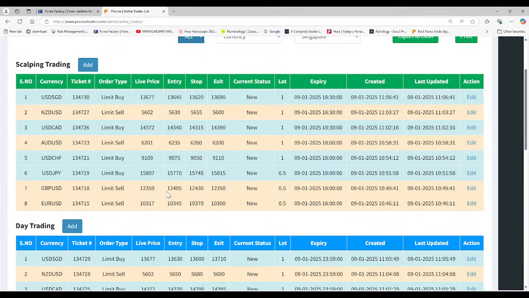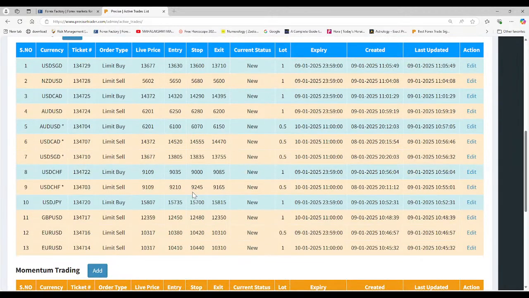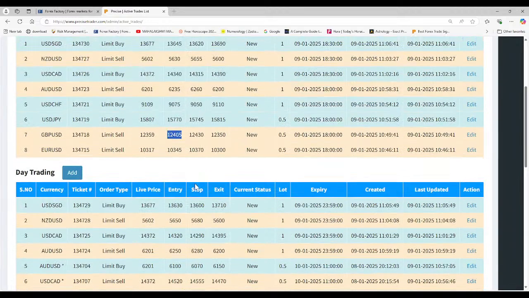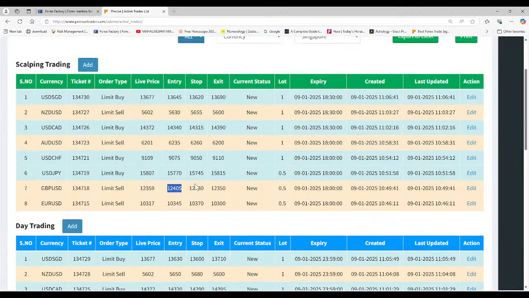We are selling at 12405, which is a valid signal. 12450 is also a valid signal. I think pound is weaker than euro, so we should be in the trade.